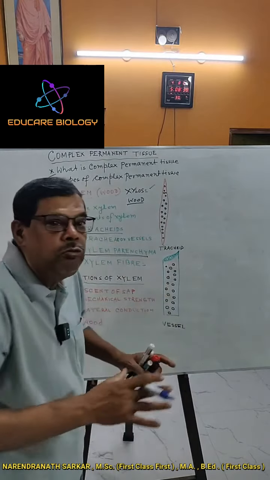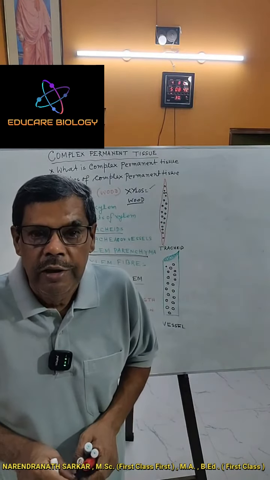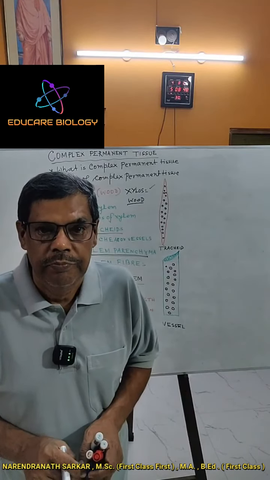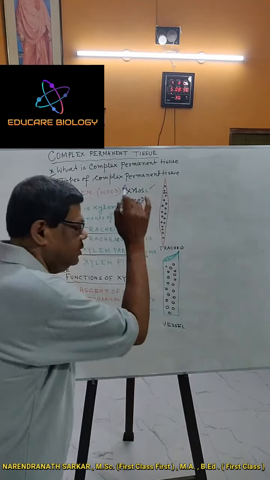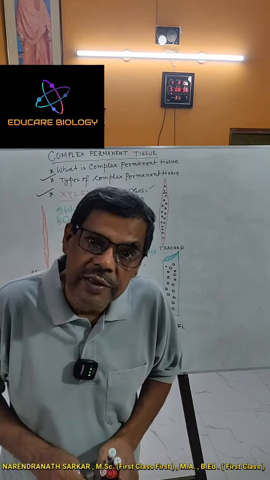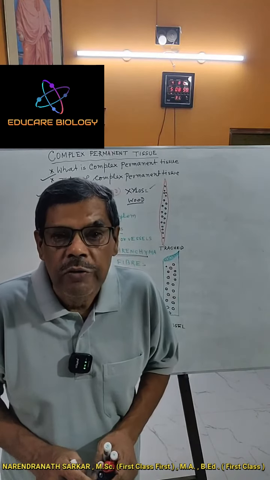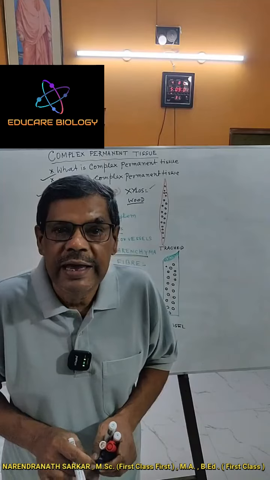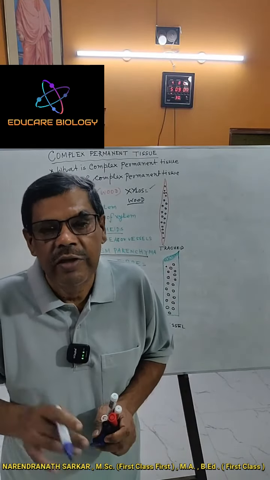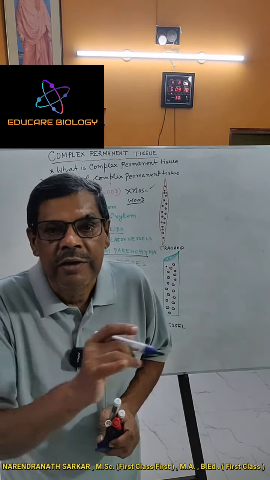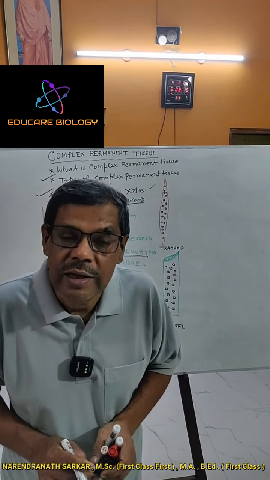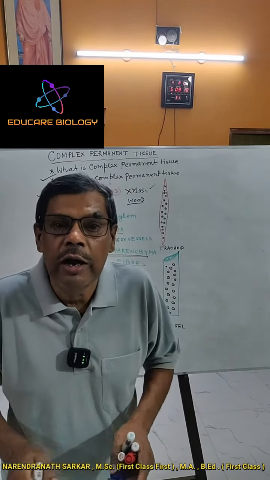But the lumen is very wide. This performs the main function of conduction in flowering plants. These are vessels. They also provide mechanical strength, because the secondary wall is elastic. This elasticity gives the organs of the plant mechanical strength.